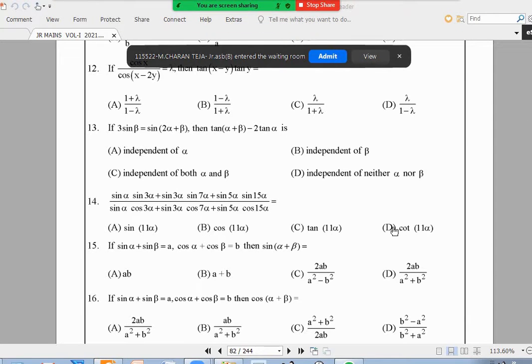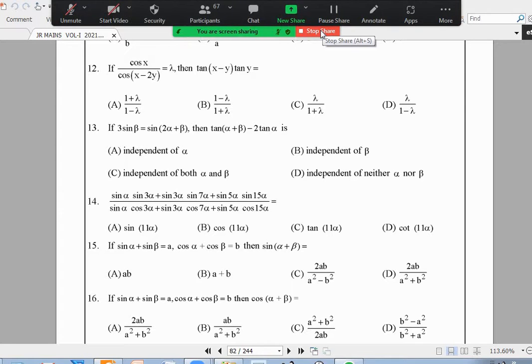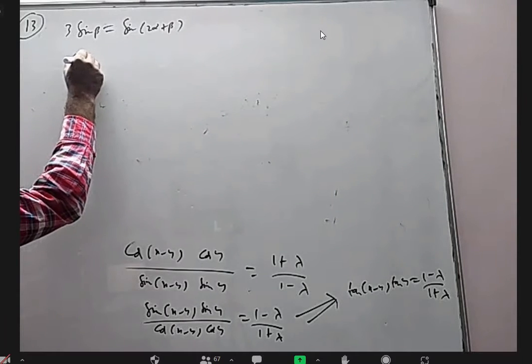Even 13 is quite on similar lines. 3 sin beta equals sin(2 alpha plus beta). Again, the sum of these two angles by 2 is alpha plus beta, and the difference is alpha. They wanted it in terms of that only. So at least here we should get an idea to do componendo-dividendo, that is, divide by sin beta here.